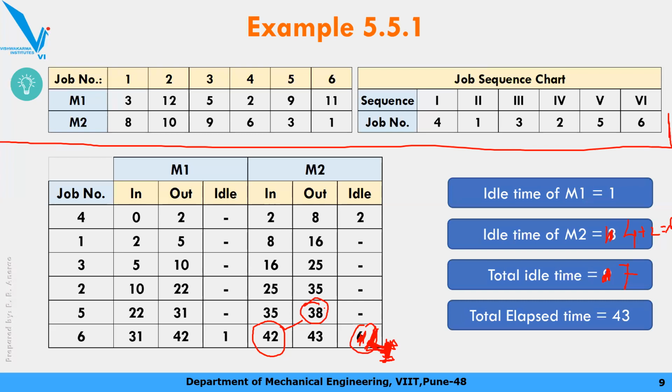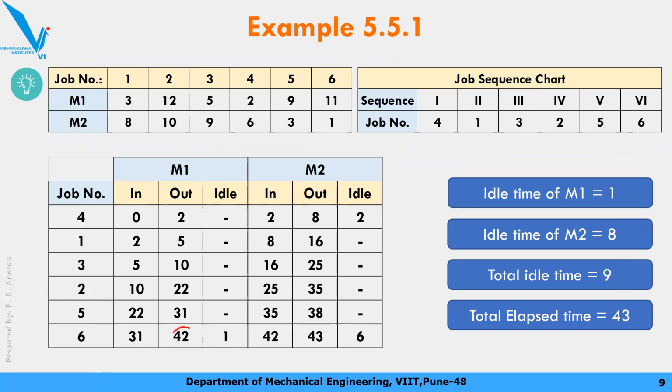Okay, another question is job number 6 M1 idle time. Why is it 1? So when we look at these jobs as a project, remember this is a kind of a project for you. So at 42 machine 2 is done. At 42 machine 1 is done, but your project is not done. It will continue up to 43.